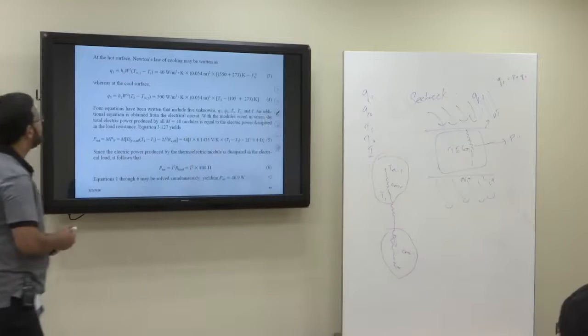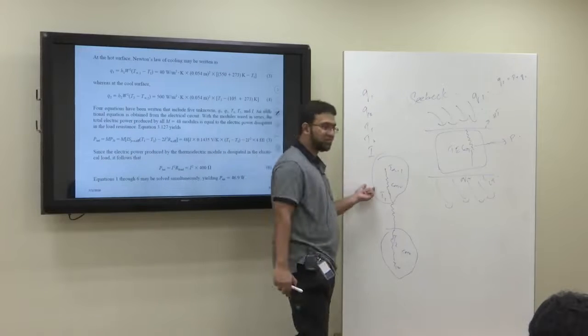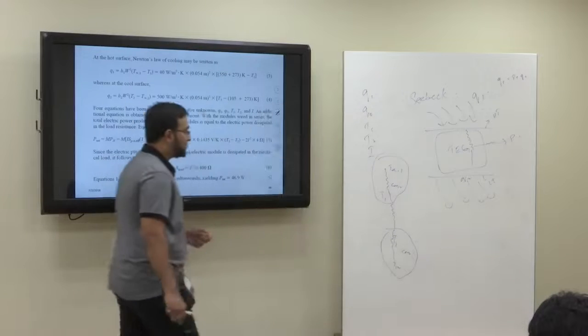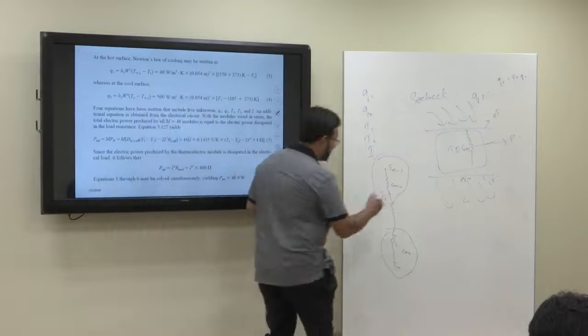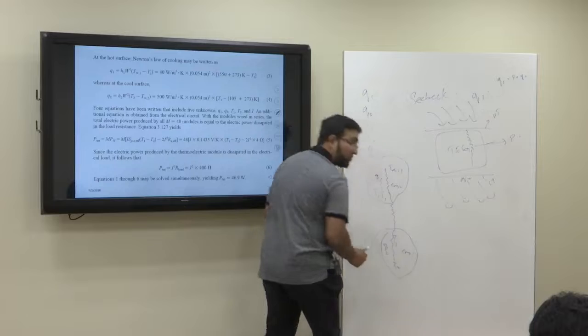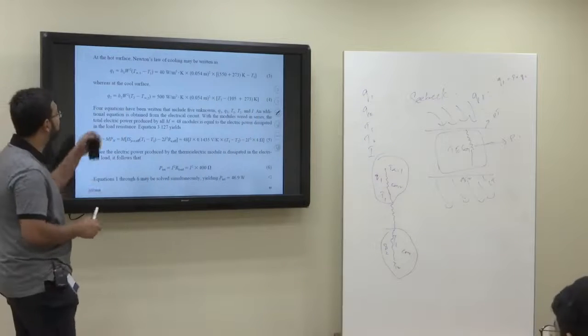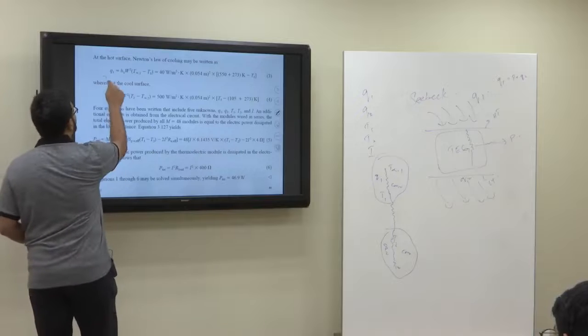Similarly, we can use an equation here. This is convective resistance, so Q equals hA delta T, right? This Q is Q1, and this Q is Q2. So Q1 equals H1 times area times the temperature difference. Now this Q1 is unknown.